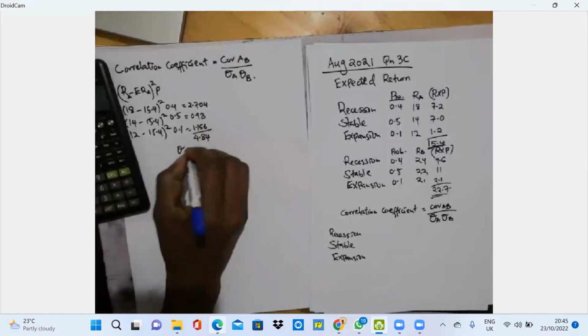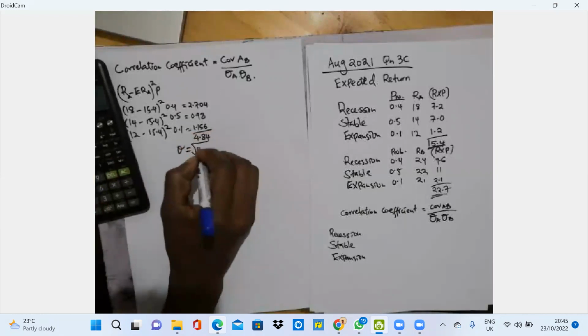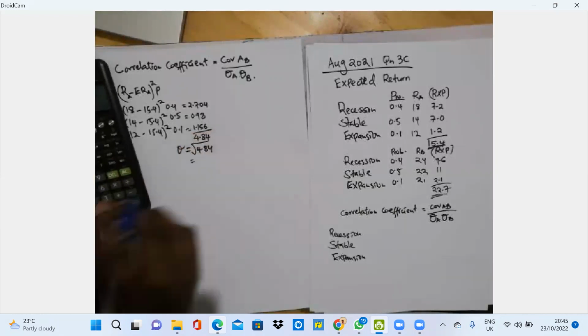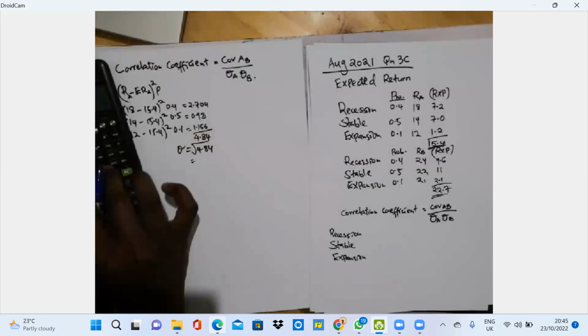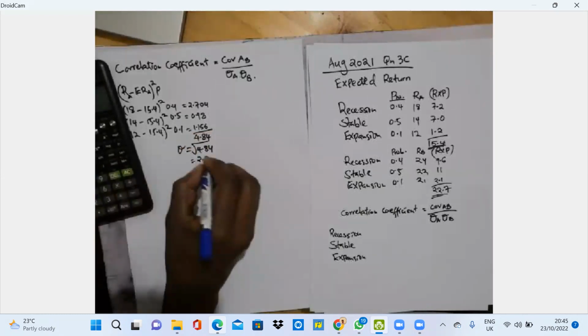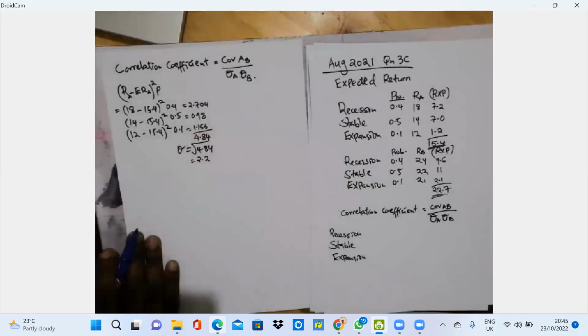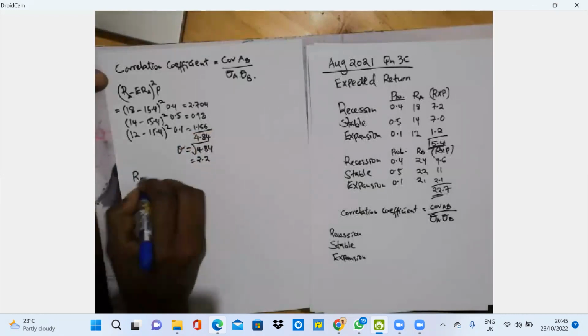To get the standard deviation, we get the square root, which is 2.2. And then we do the same for security B.